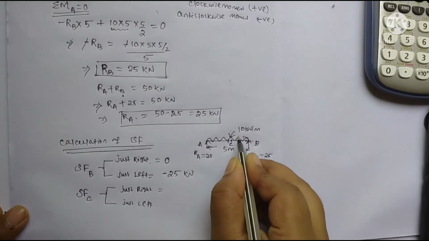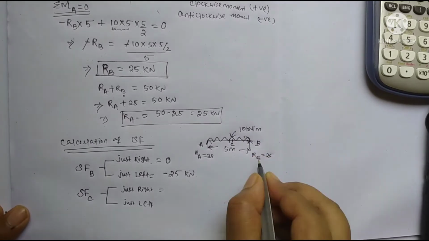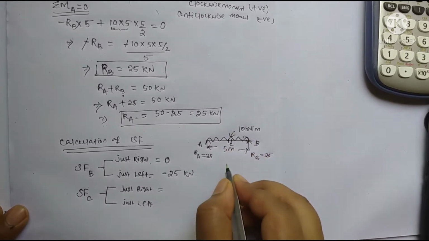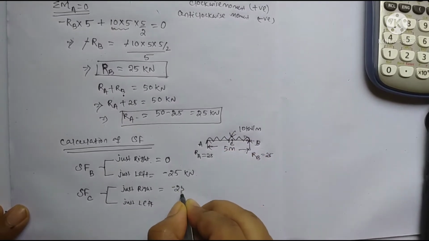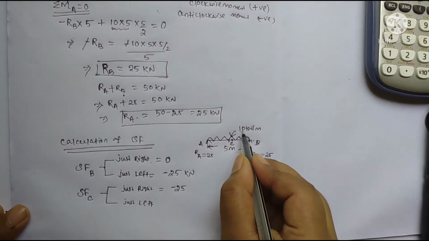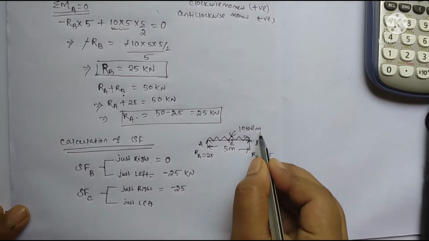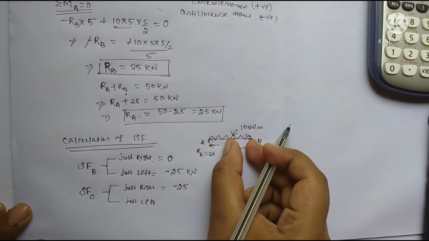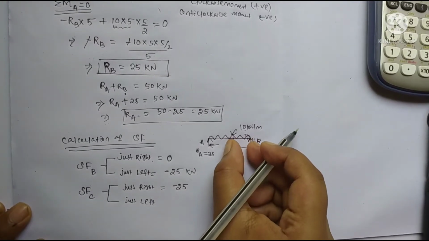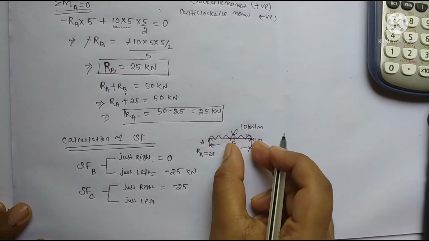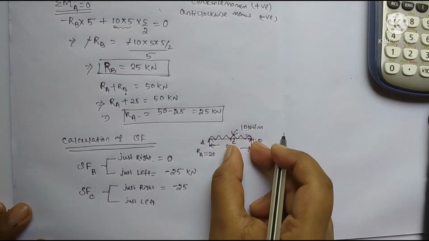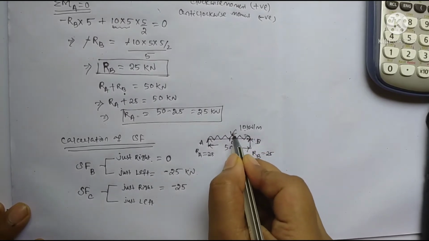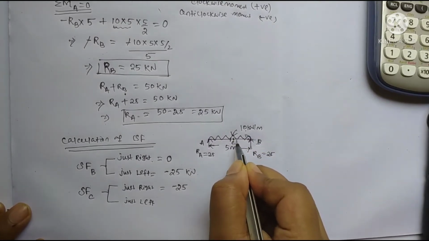That is RB and the 10 kilonewton per meter load. RB gives anti-clockwise moment, so it is minus 25. Then plus 10 kilonewton per meter load is acting only in this section, so we will see only this part.